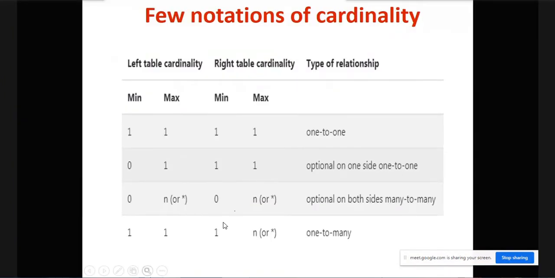See here, minimum 0, maximum 1 means finally max to max we can go for 1. Similarly, minimum 1, maximum 1. So max to max we can go for 1. So it is 1 to 1. Optional at one side, that is 0 or 1, so that is 1 only. Maximum we have to consider. So it is 1 to 1.